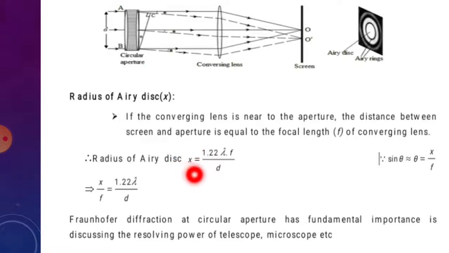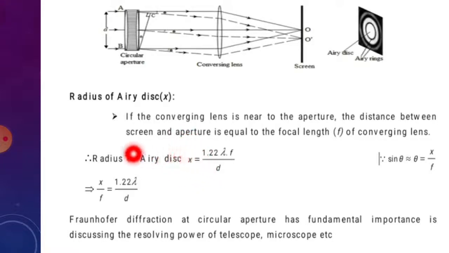To find the radius of Airy disk, first we need to know the wavelength of the incident monochromatic light, the distance between the aperture and screen, and the diameter of the circular aperture which is used. Knowing these values, we can easily find the radius of Airy disk.